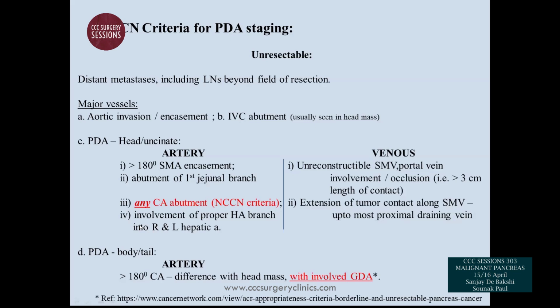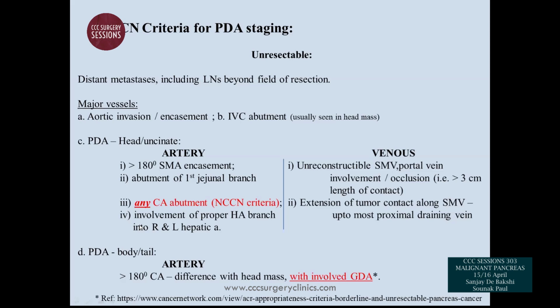For venous evaluation, any tumor involvement of the superior mesenteric or the portal veins which is unreconstructable, as such, the length of contact being more than 3 centimeters, is an unreconstructable venous anatomy, and as such the tumor is unresectable in that case.